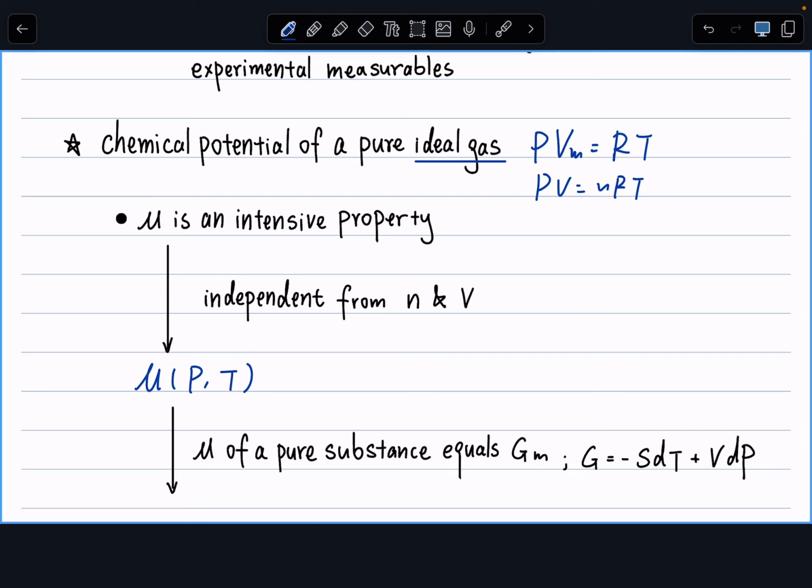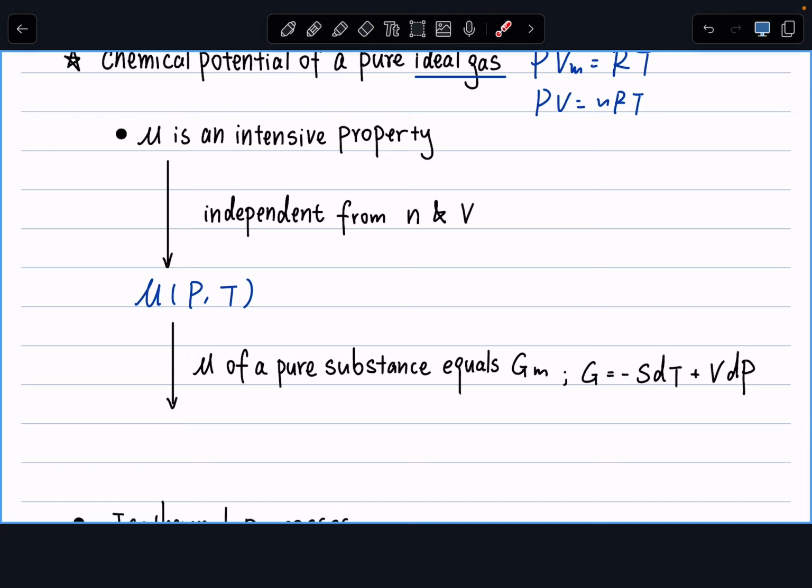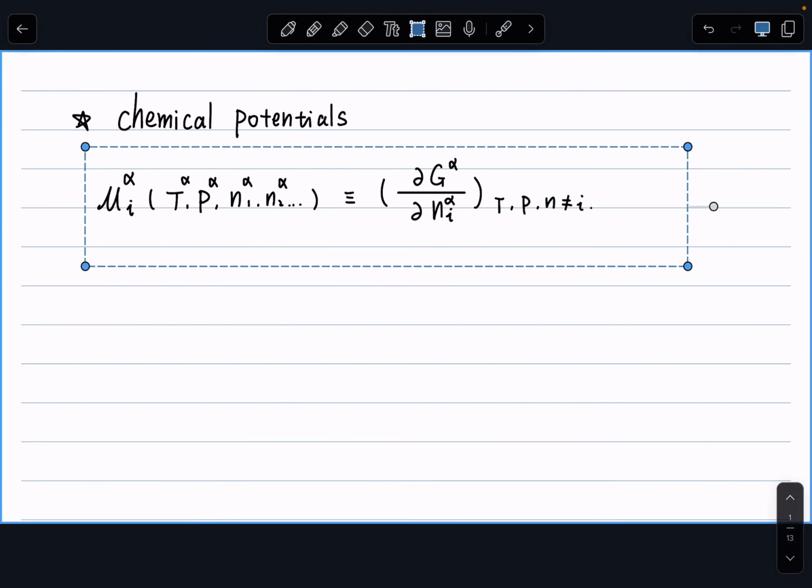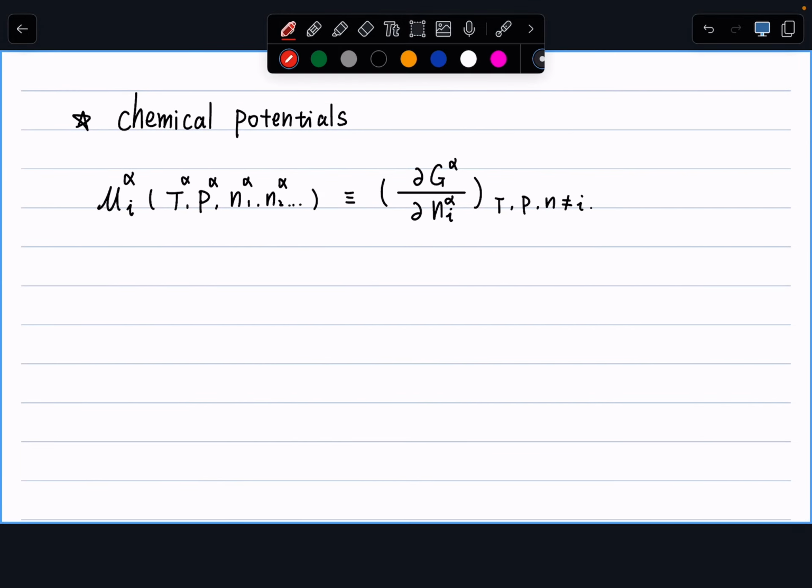What else do we know? Let's go back to the original definition, thinking about a pure substance. When we talk about a pure substance, this i just equals some chemical, let's call it A. So instead of having N1, N2, and Nj where j doesn't equal i, these disappear.